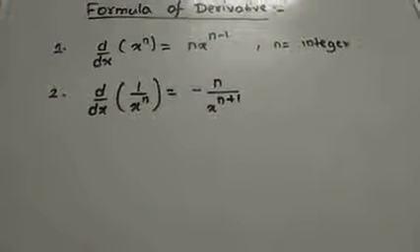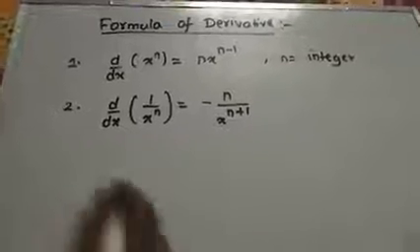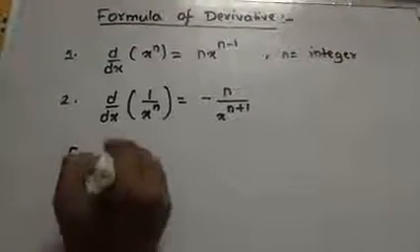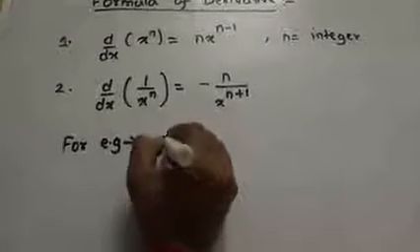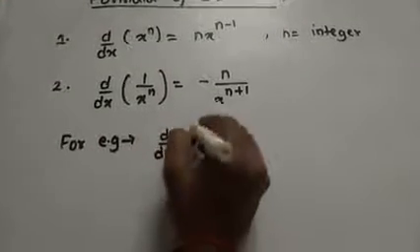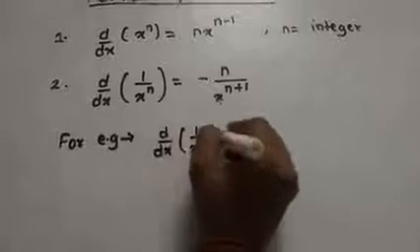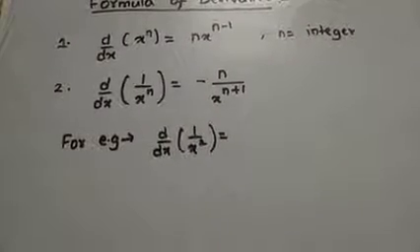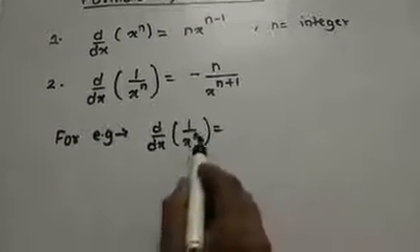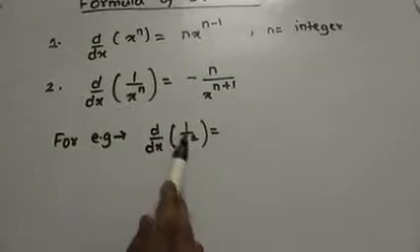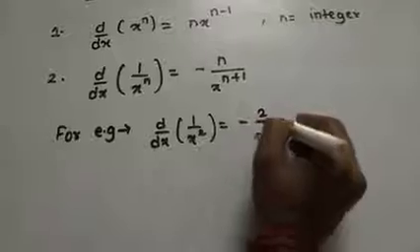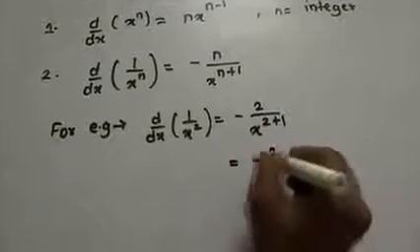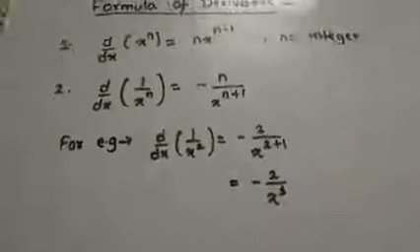For example, d/dx of 1 by x square. So if you compare x square with x to the power n, what is the n here? 2. Just putting the value, minus 2 by x to the power 2 plus 1, that is minus 2 by x cube.